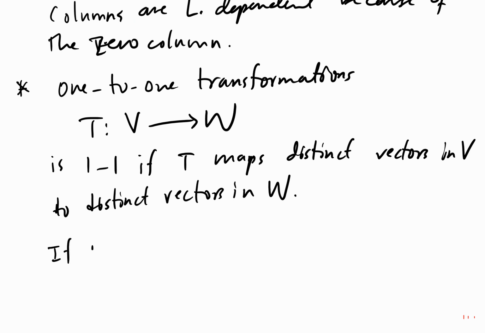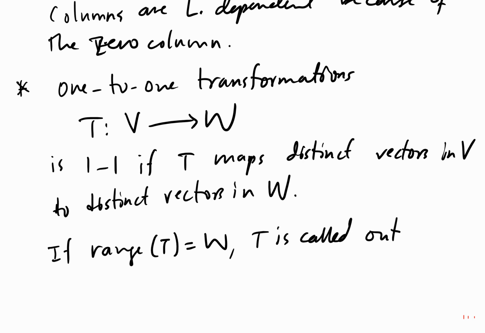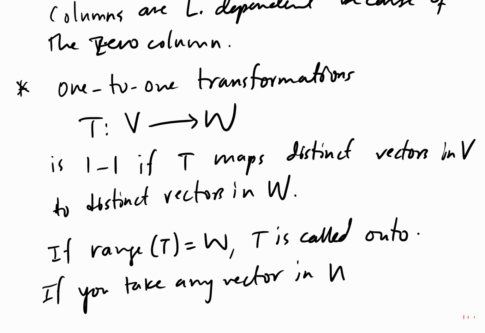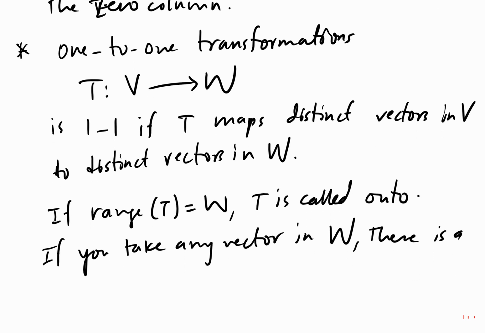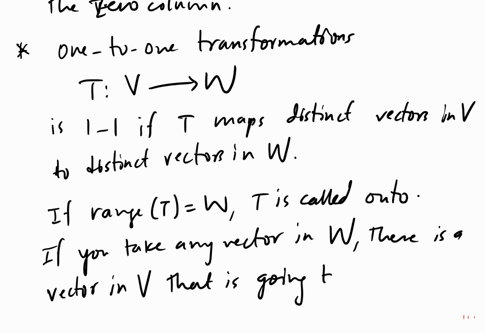Also, if the range of T is W, then T is called onto. In other words, if you take any vector in W, there is a vector in V that is going to get mapped to it.